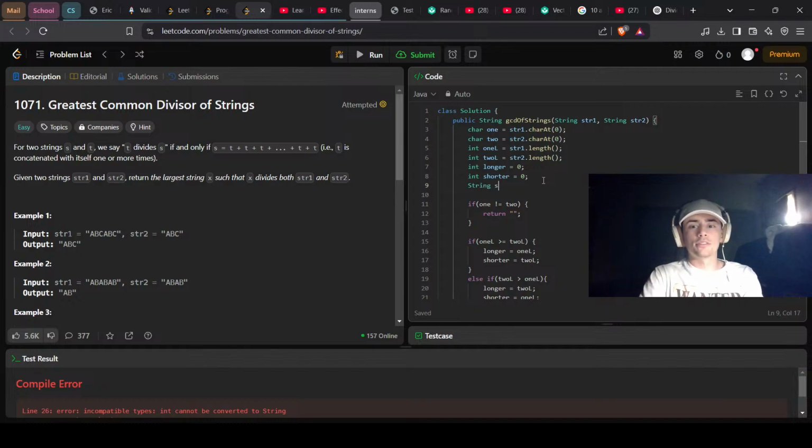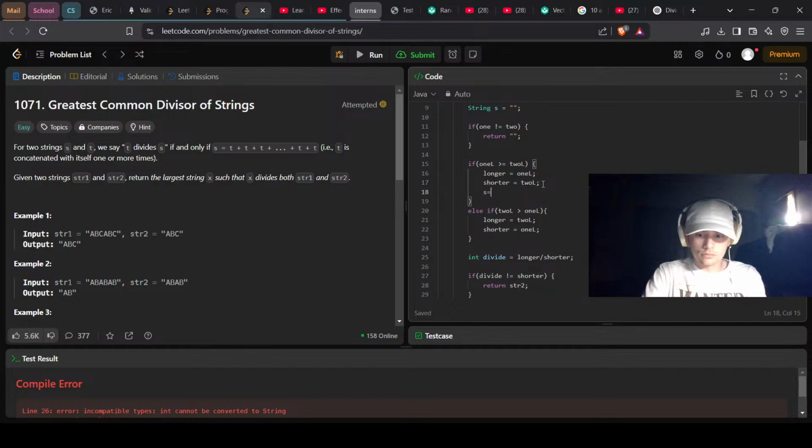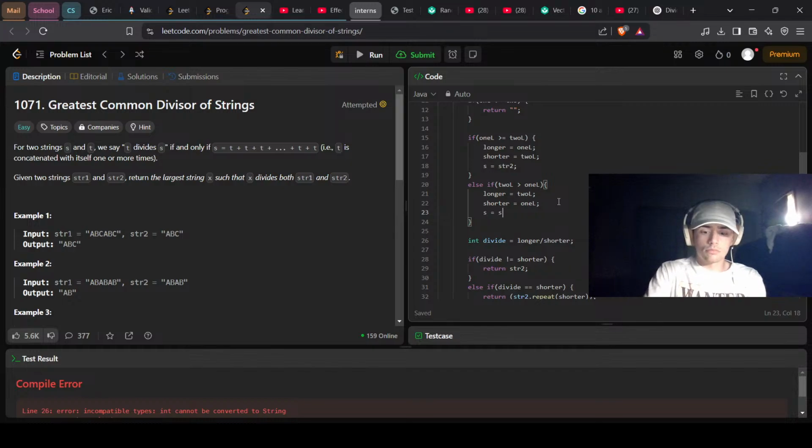I'm just gonna do this. String 1. Wait, charter string is string 2 here.